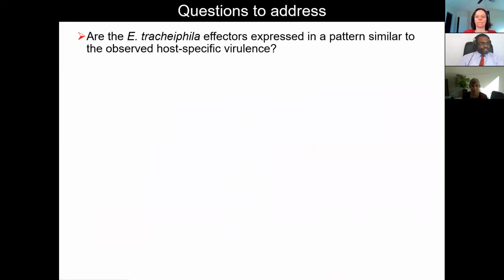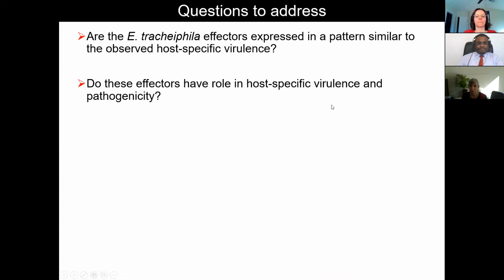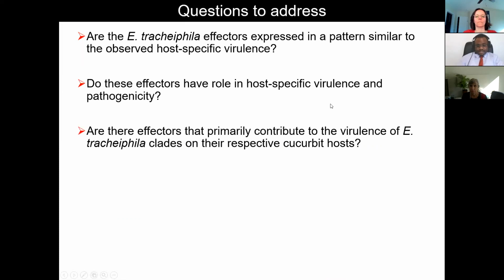To address this goal, we came up with certain questions. The first question is, are the Erwinia tracheiphila effectors expressed in a pattern similar to the observed host-specific virulence? The next one is, do these effectors even have a role in host-specific virulence and pathogenicity? Are there effectors that primarily contribute to the virulence of Erwinia tracheiphila clades on their respective cucurbit hosts?